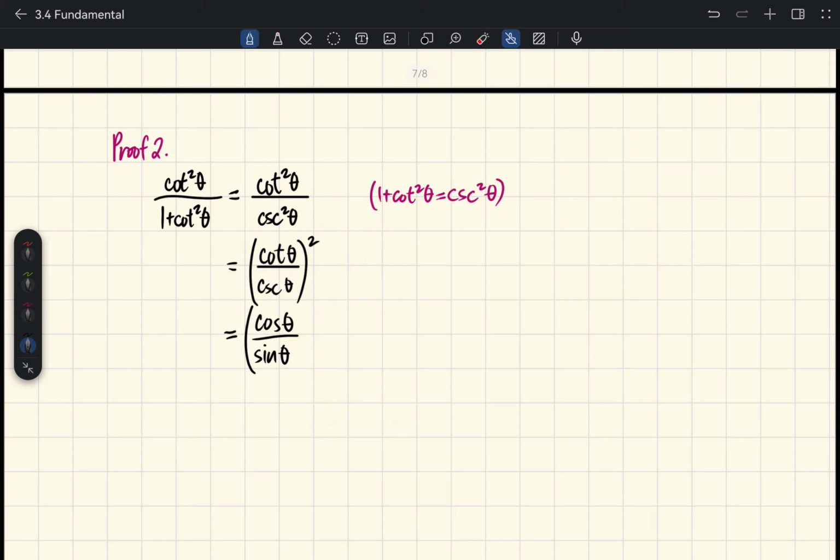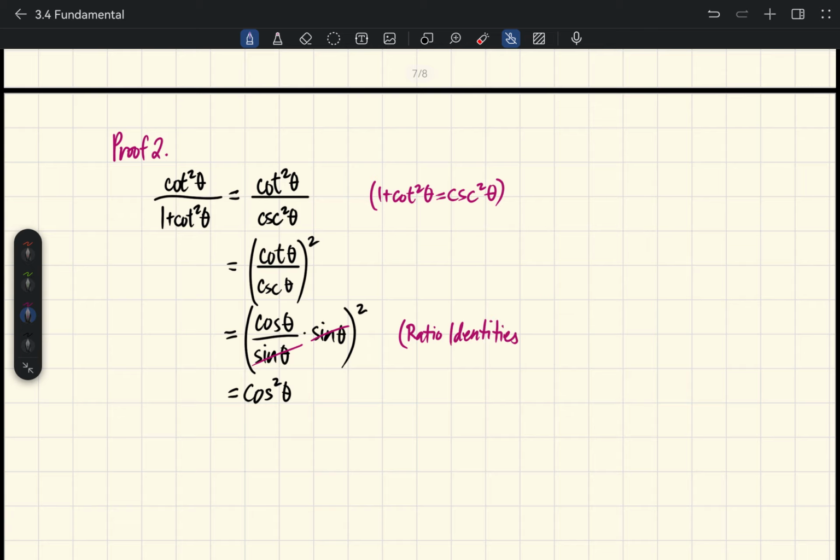So we have here times sine theta raised to 2. And since you have sine theta in the numerator and denominator, we can cancel them, further giving us cosine squared theta. So right here, what we just did is use some ratio identities.